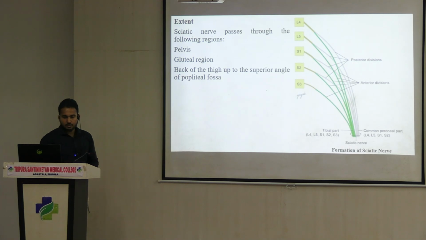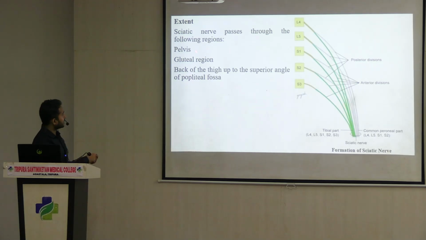Next, as I have asked, what are the different areas? So the sciatic nerve passes through different regions: the pelvic region, the gluteal region, and the back of the thigh up to the superior angle of the popliteal fossa. Okay, so these are the different regions in which you will get the sciatic nerve. इसका मतलब क्या है? 2 points.